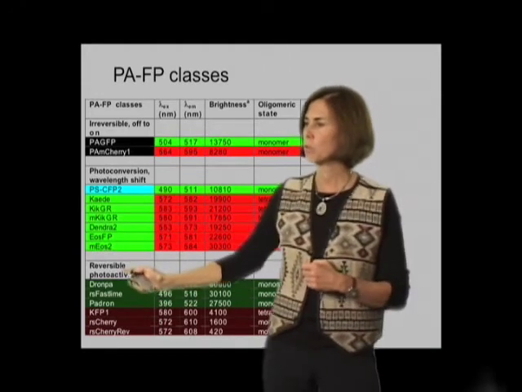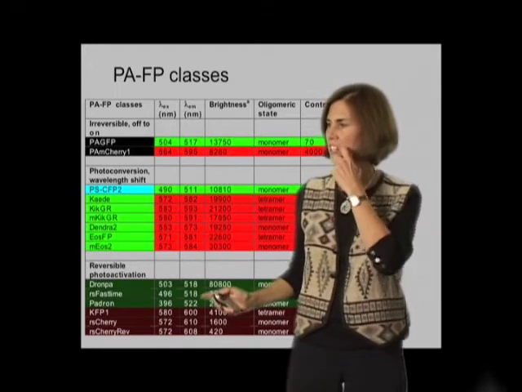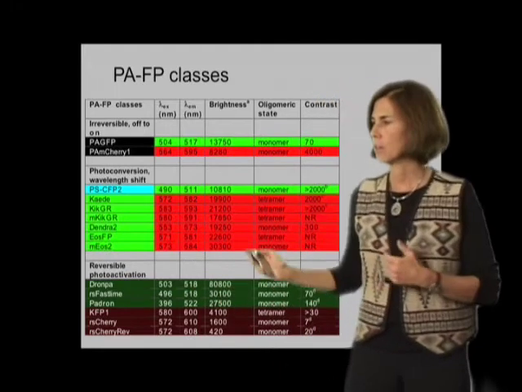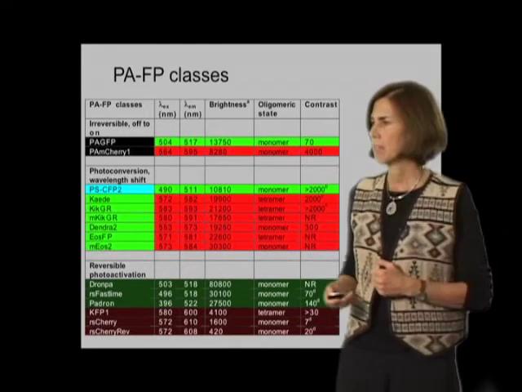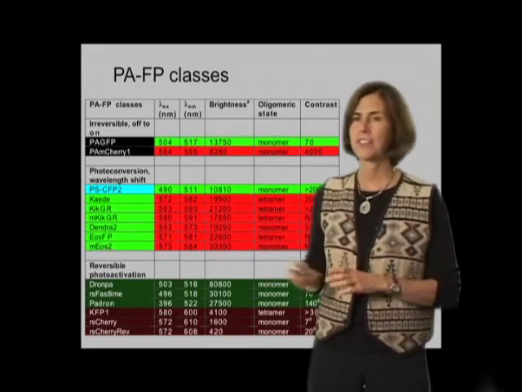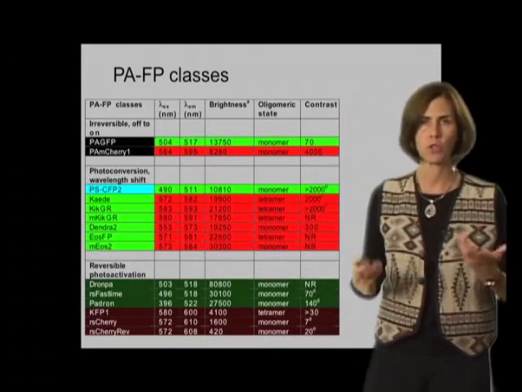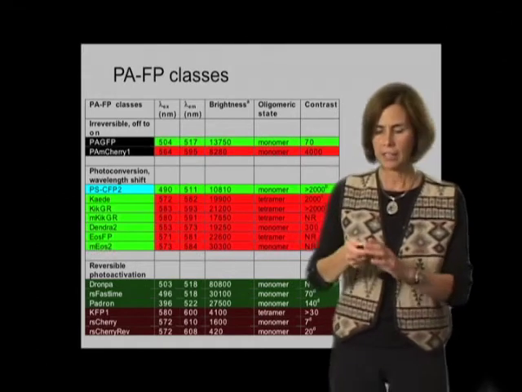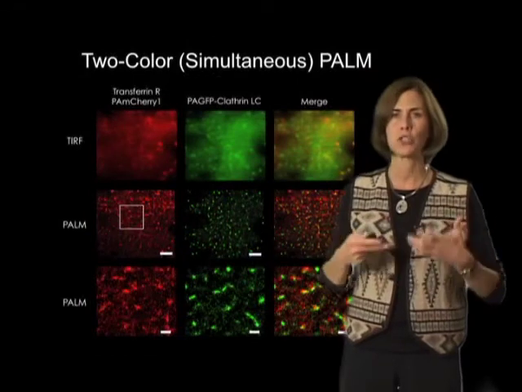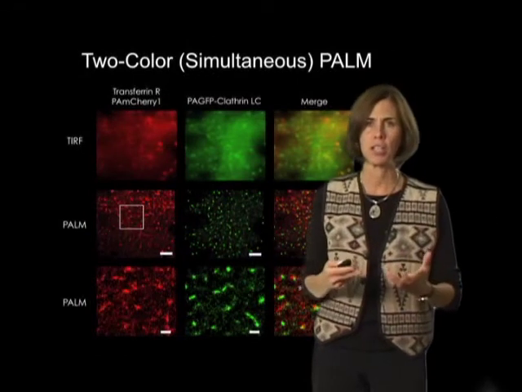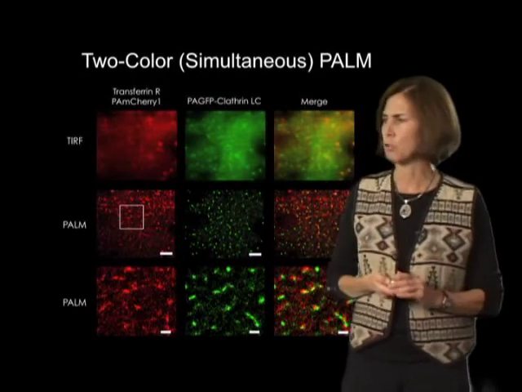There's also reversible photoconverters that can go from green to red and then back from red to green. So all of these classes of different photoactivatable or photoswitchable fluorescent protein allow us now to use them for doing two-color imaging using this super-resolution approach.